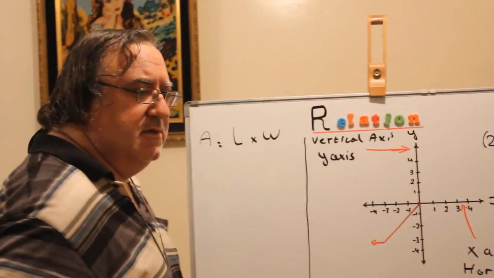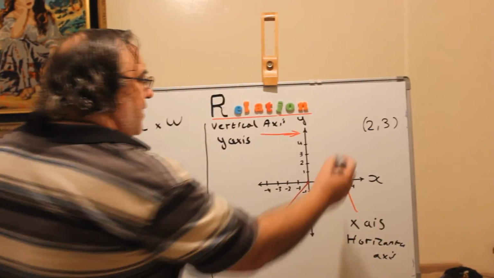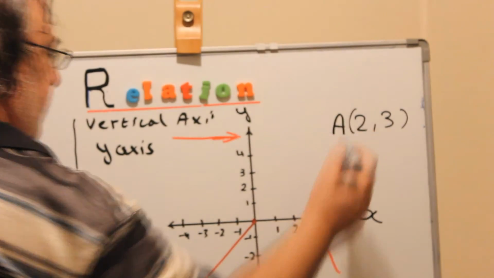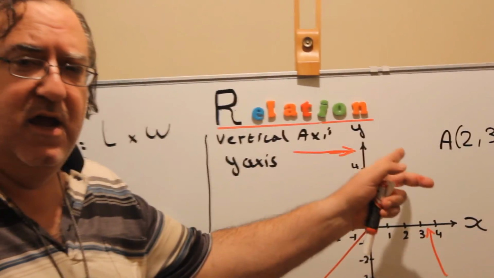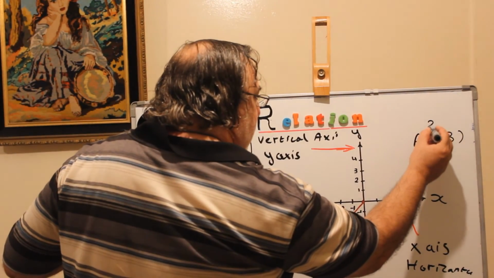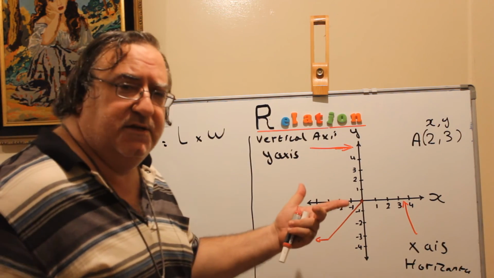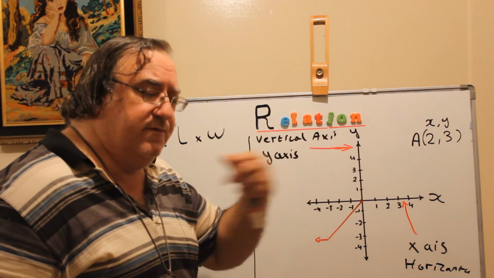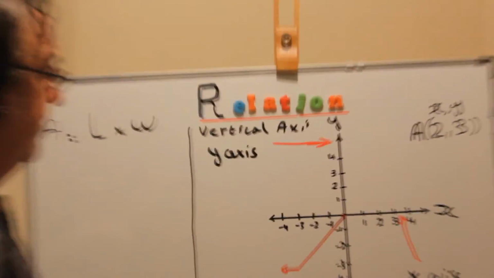And to represent the location of a point, suppose we have a point (2, 3), and we call this point A, you have to start with x and then y. This is x, then y, and we call these the coordinates of the point, or ordered pair.